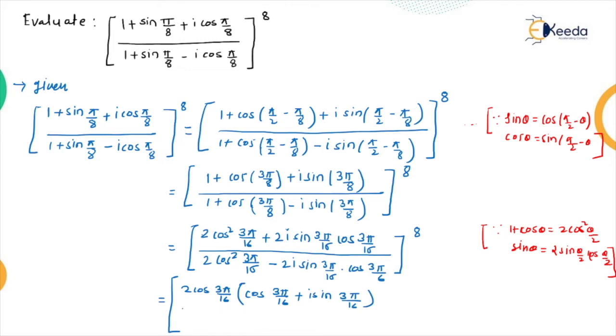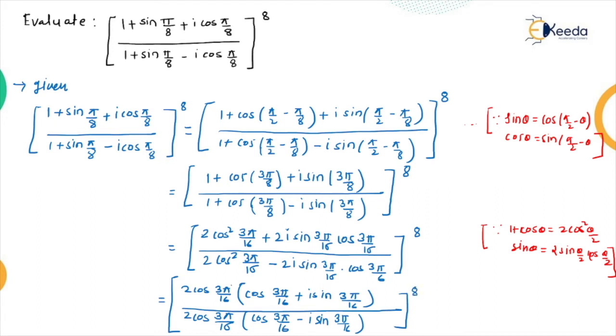In the denominator, the same term is common, so we get 2 cos 3 pi divided by 16, and in the bracket cos of 3 pi divided by 16 minus i into sine of 3 pi divided by 16, guys. Now this bracket is complete, and the bracket power is 8.